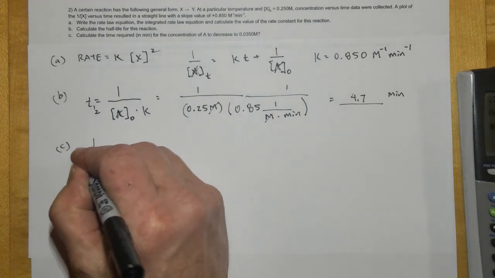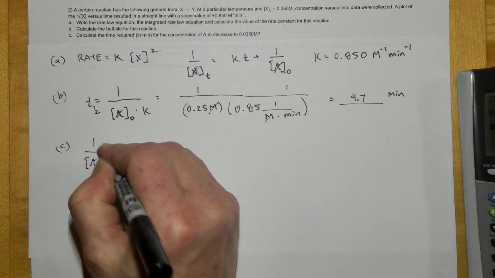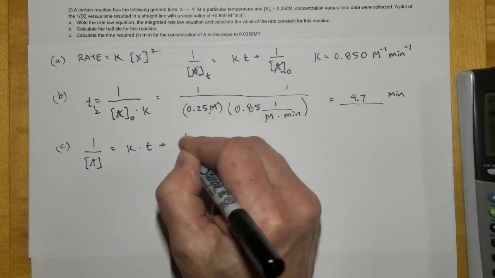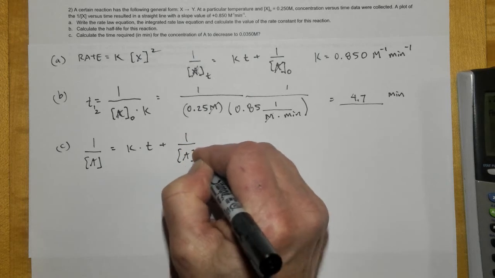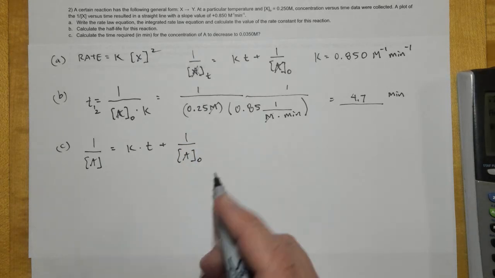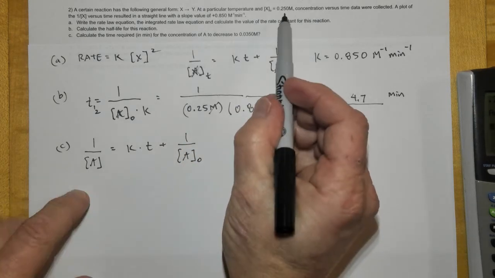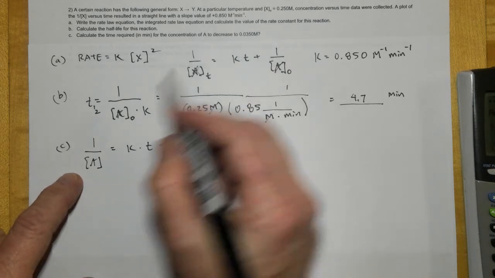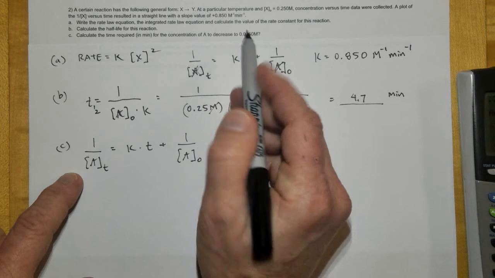So 1 over A is equal to k times t plus 1 over A original. Let's start with this one right here because this is the concentration we're interested in.